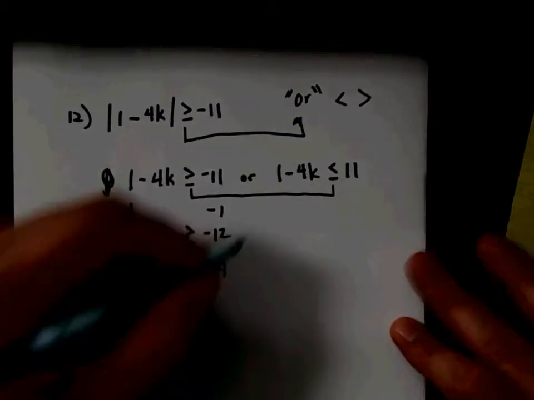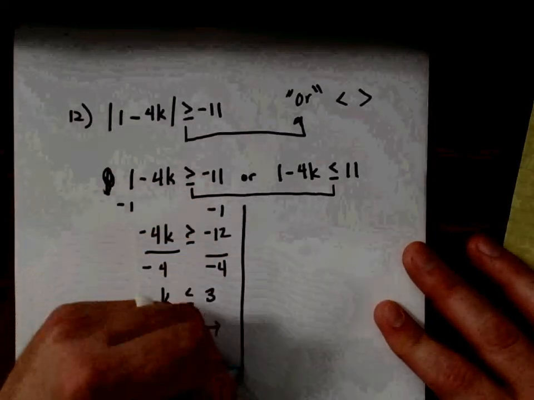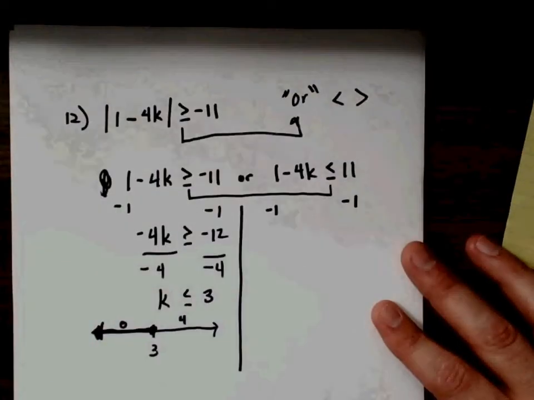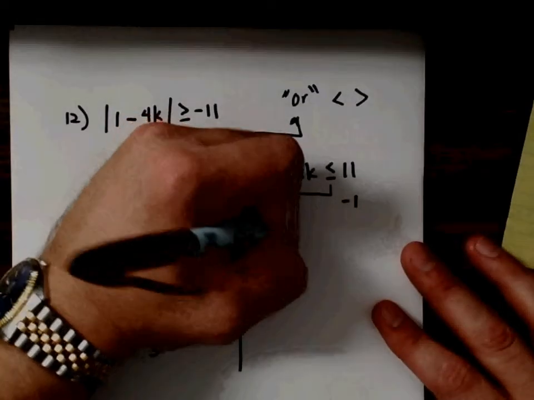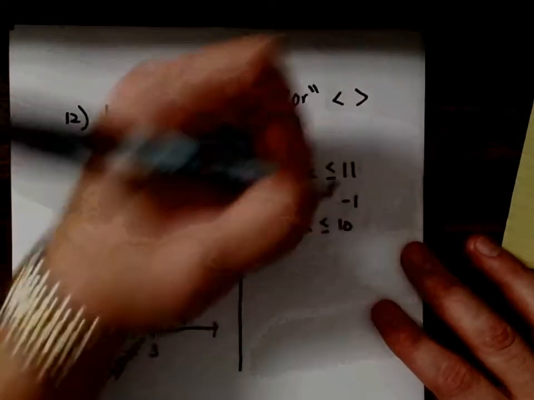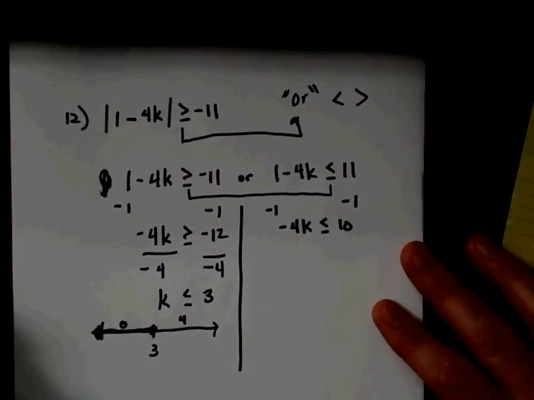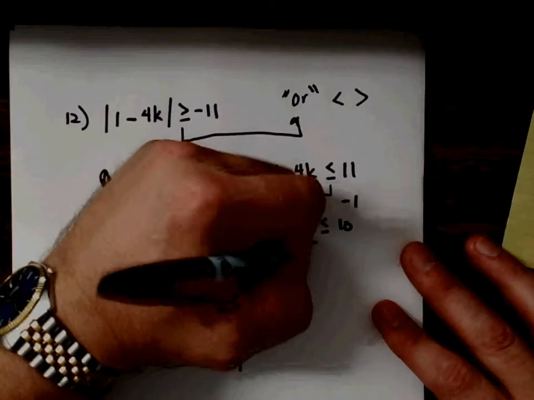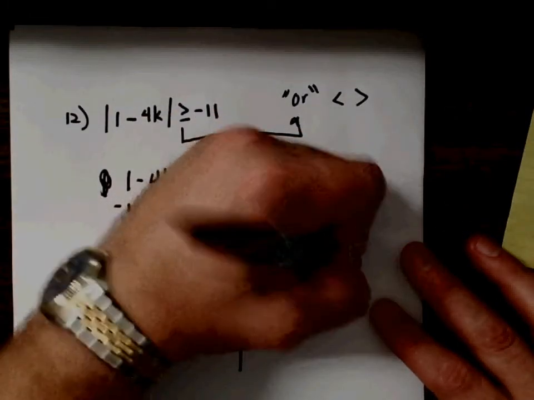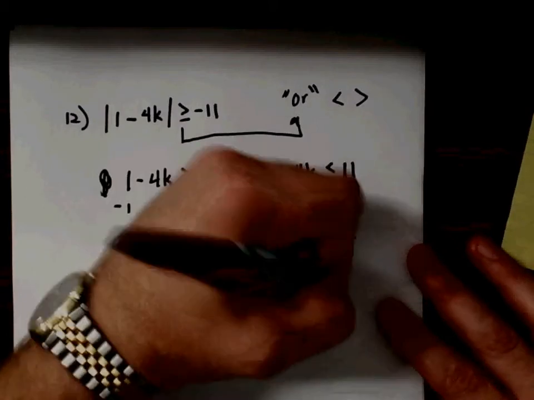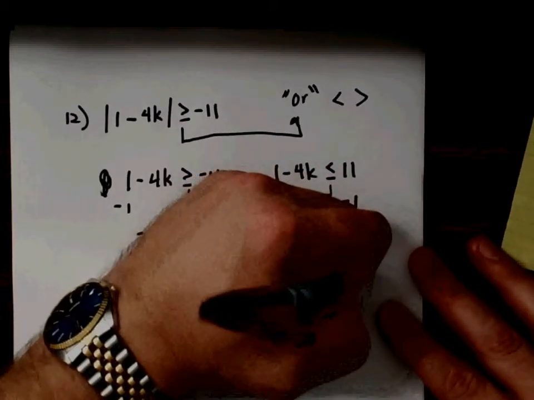Now we need to check the other one. So I'm going to again subtract the 1. That's going to give me negative 4k. Bring down your negative. It's going to give me 10. We're going to divide by negative 4. It's going to flip my sign. That's going to give me negative 5 over 2.